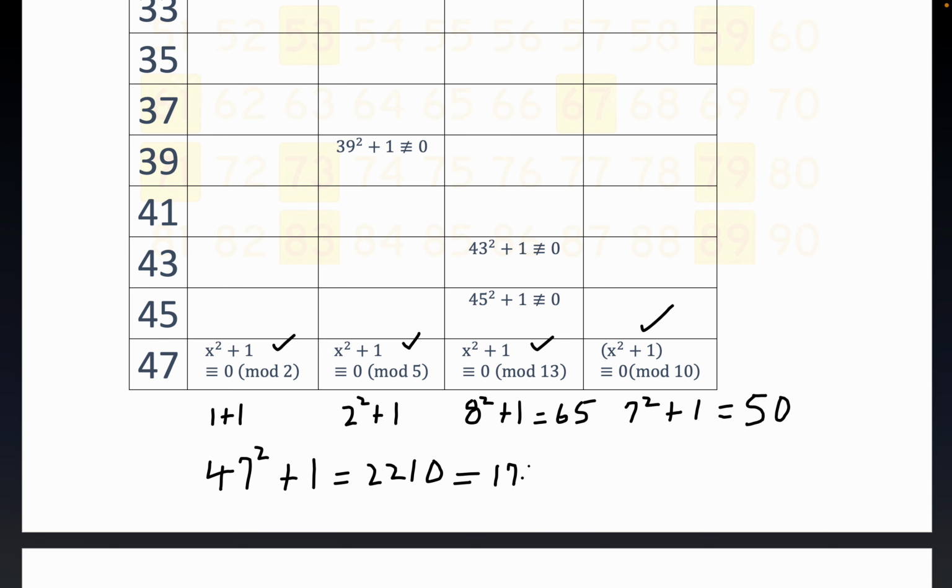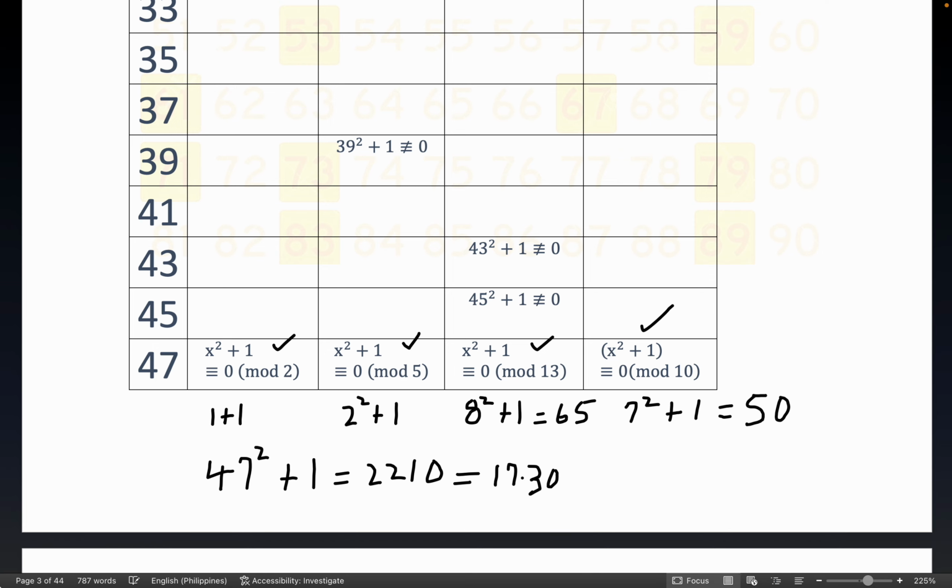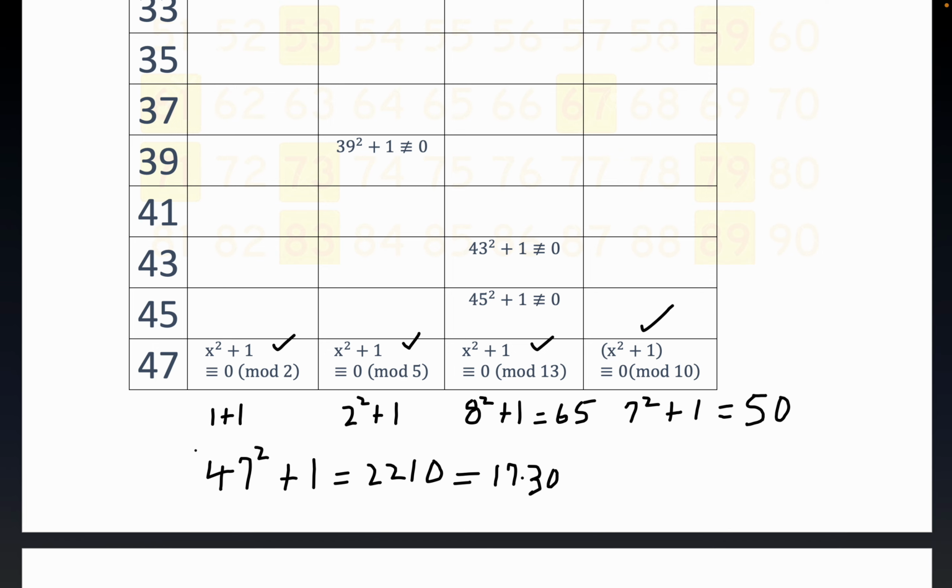There we have it, folks. And as far as I know, that's the smallest one. I checked these others, I didn't show. I very well may have missed something because it's a lot of computations.